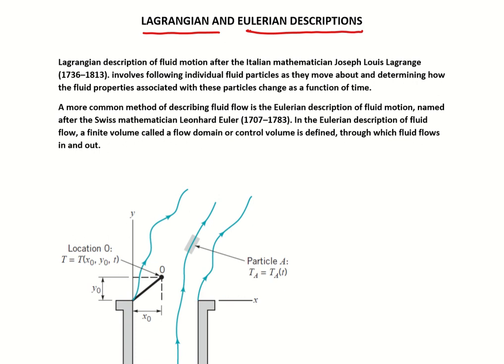Lagrange was the Italian mathematician who lived from 1736 to 1813, and he proposed this method where all individual fluid particles, as they move about in a flow field, their fluid properties are associated with these particles only.